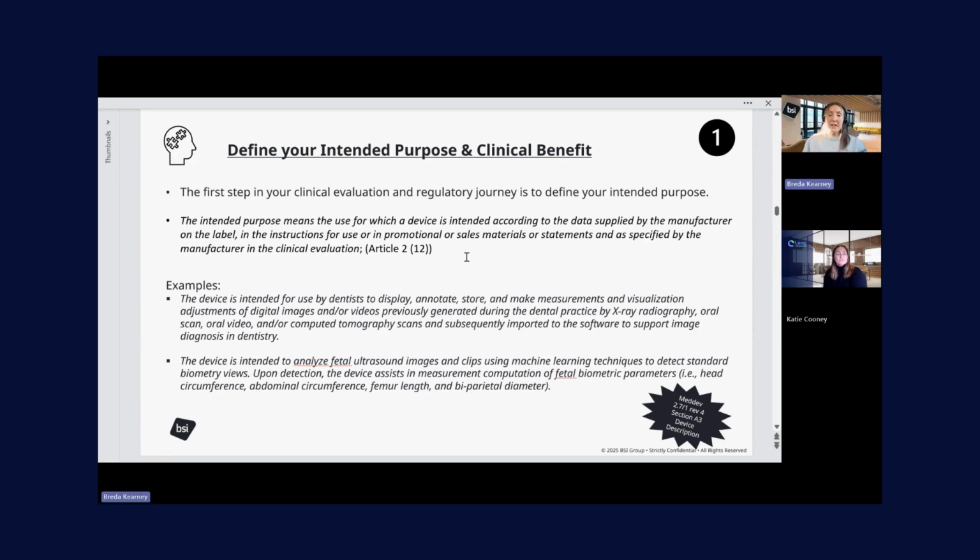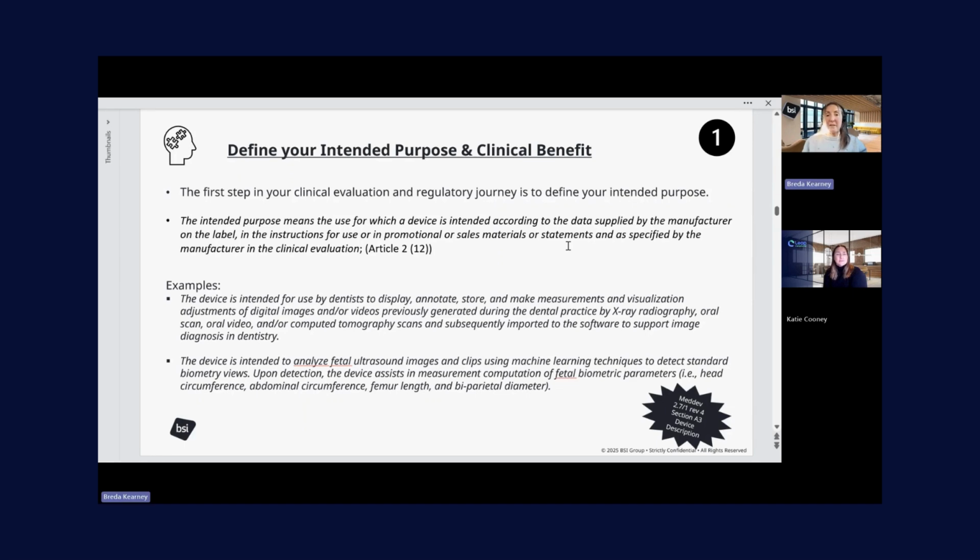The important thing is that in the official definition, it says, according to the data supplied by the manufacturer on the label, the IFU, the promotional or sales materials or statements. So it's in all of your marketing material, all of your IFUs, all of your documents.